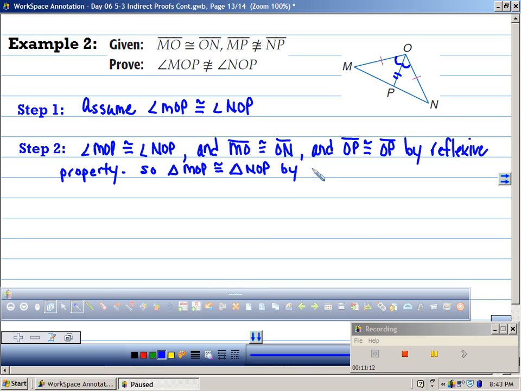Side, side, angle, side. Now I've got all of this. Now I can say that this triangle is congruent with this triangle.